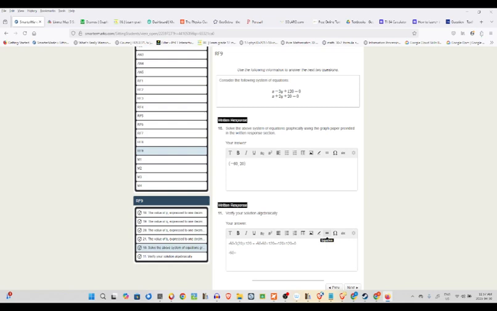We need to show that it's also on the second. Negative 60 plus 40 plus 20 is negative 60 plus 60, and that's 0. Both equations are true. Both equations must pass through this point.